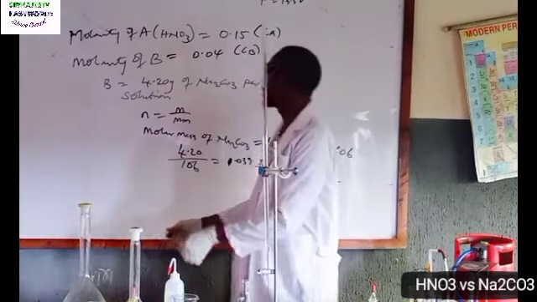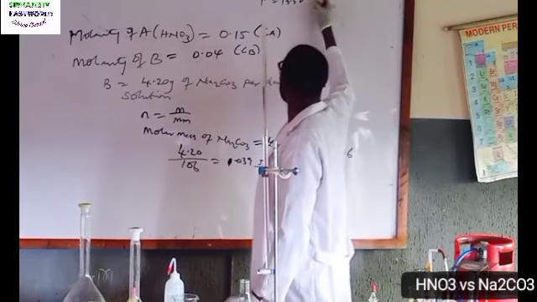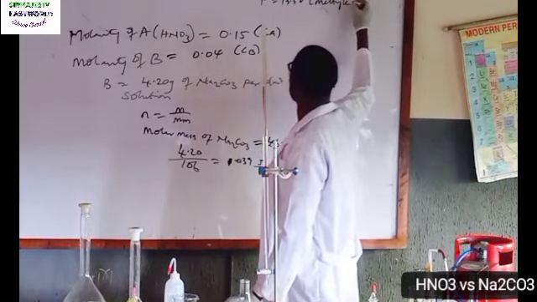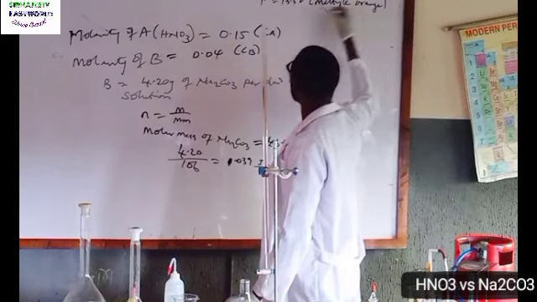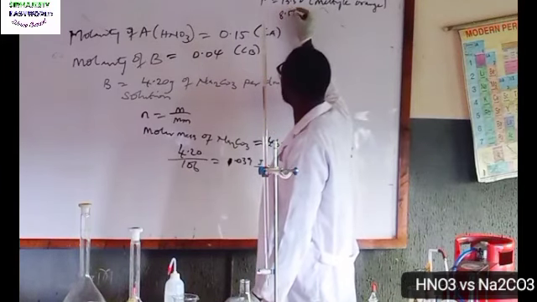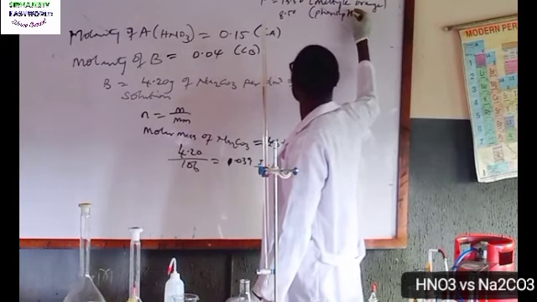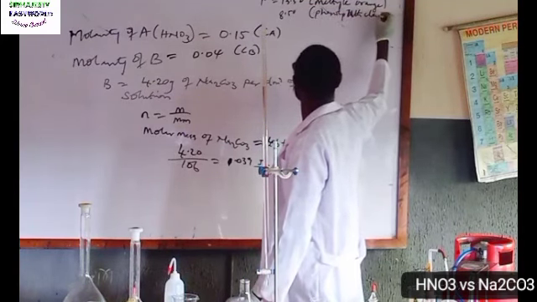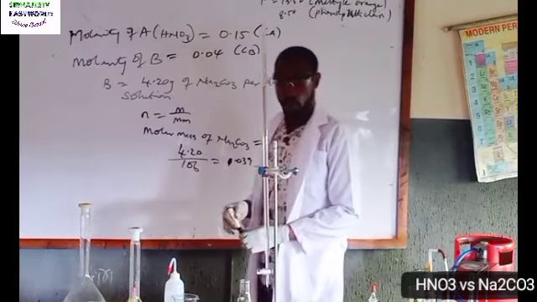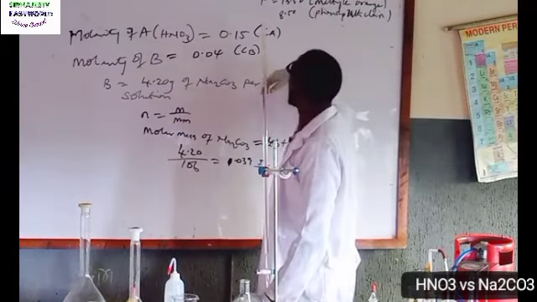Imagine the discrepancy. In this one, methyl orange was used, then I got 8.5 when phenolphthalein was used. So which one is the correct endpoint?